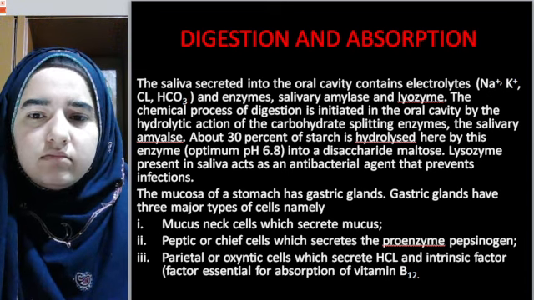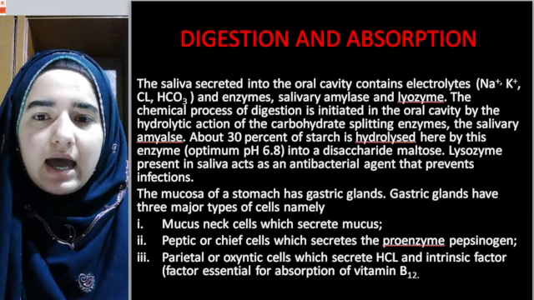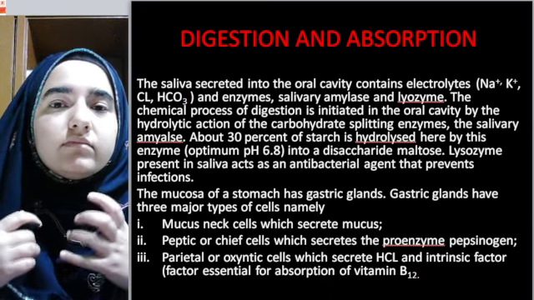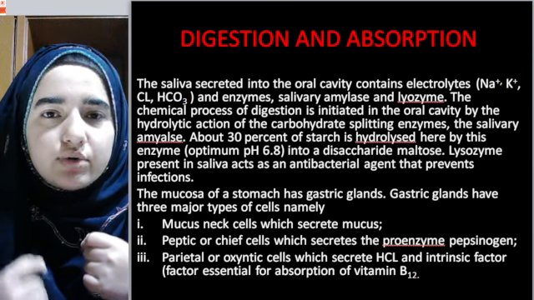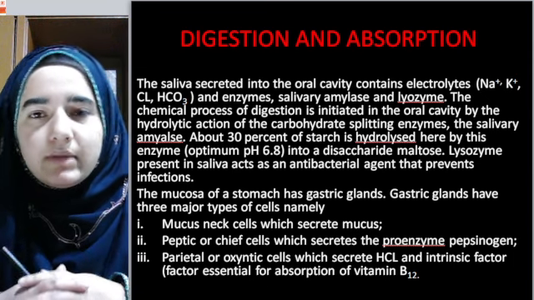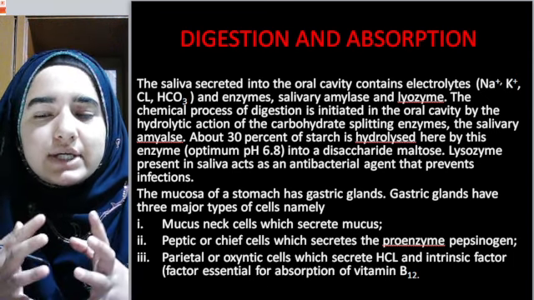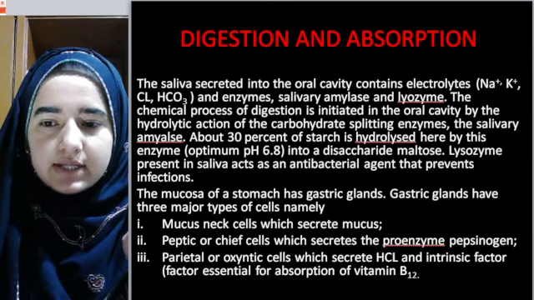The inner layer of the alimentary canal is known as mucosa, as I already mentioned in my previous session. Gastric glands have mainly three types of cells.